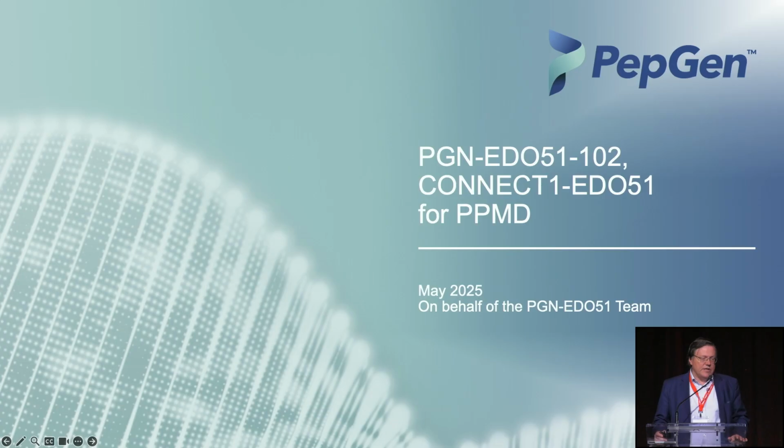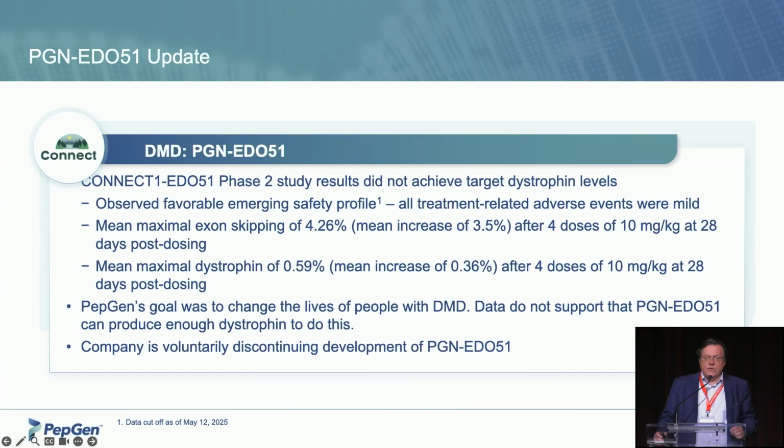I'll start with Pepgen. Pepgen's approach was to use a cell-penetrating peptide conjugated to the active PMO, or antisense oligonucleotide, in order to get through the cell membrane. I won't spend a lot of time on this. Although the safety profile was fine, there was a mean maximal dystrophin increase of 0.59%, which was really not considered sufficient to carry on.